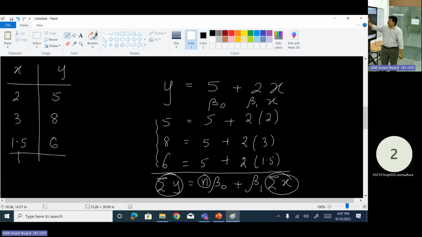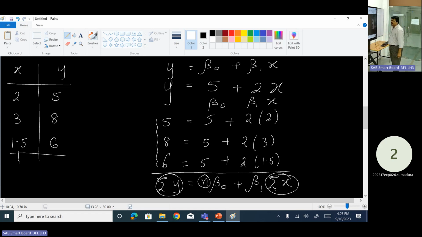Sigma y, for the general model Y equals beta naught plus beta 1 X: sigma y equals n beta naught, since for a constant there will be n coming in, plus beta 1 comes out, sigma x. One equation we have, but two unknowns are there.